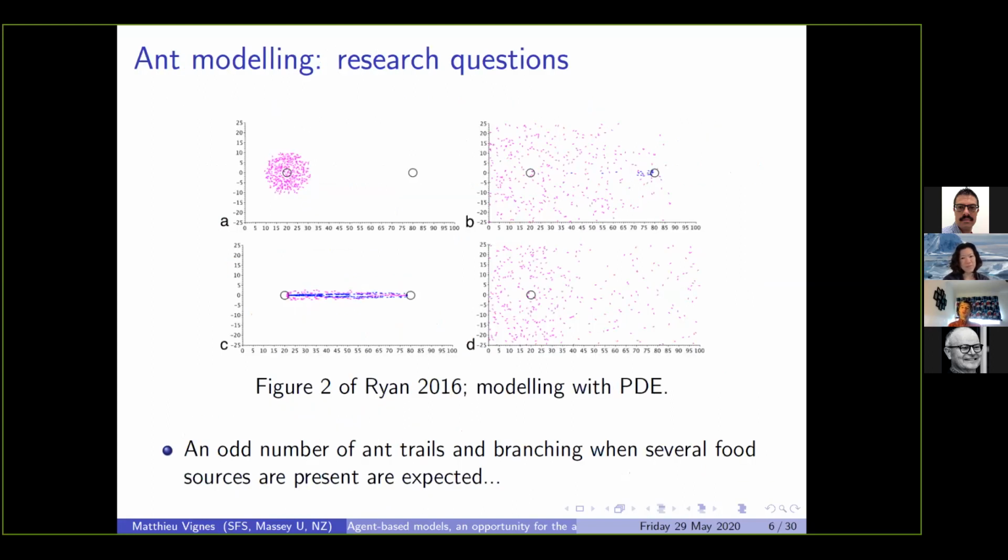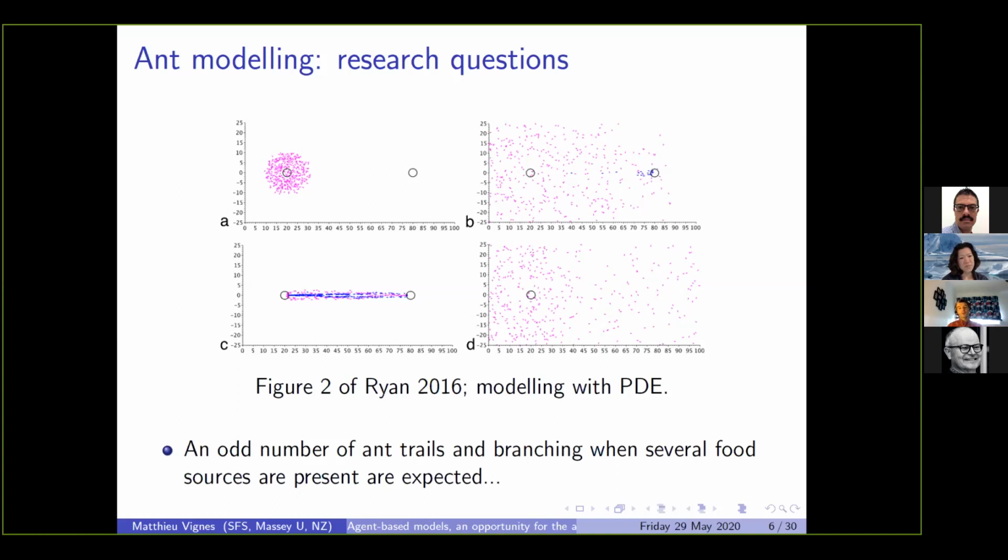So yes, I'm going back to the modeling of ants. That's the chart on the slide that Sean Ryan has been using. And these 4 plots, so plot number A on the top left shows ants, so that's the pink dots that are close to their nest on the left, and on the right, that's the food source.